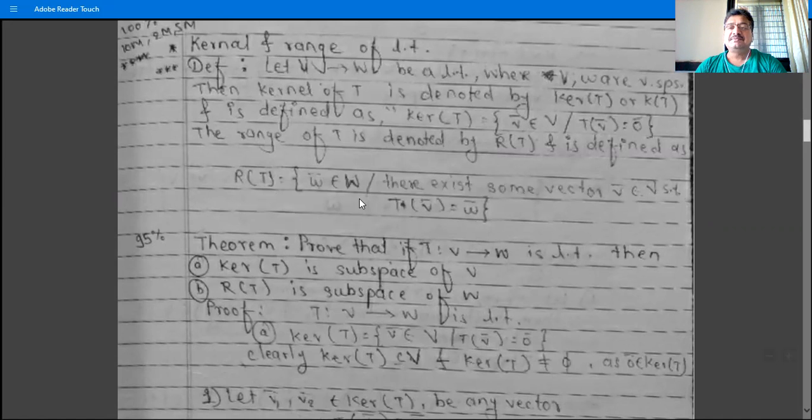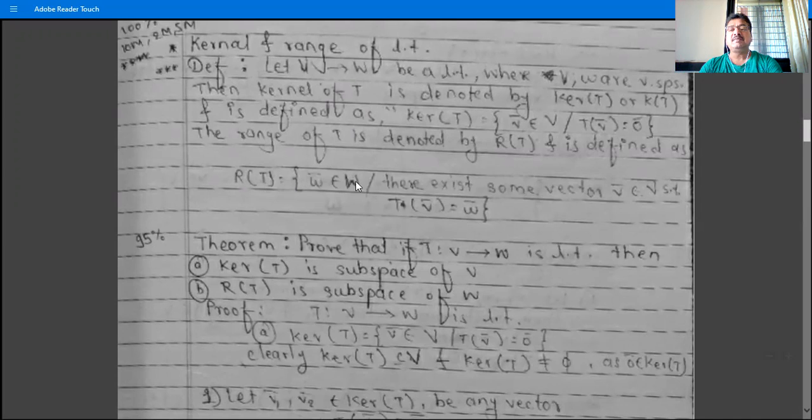That is, the image of v bar is w bar, v bar is the pre-image of w bar, and w bar is the image of some element of V. This is the definition of R(T), the range of T.